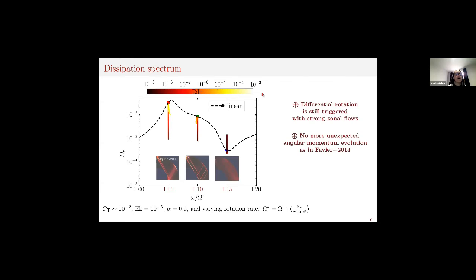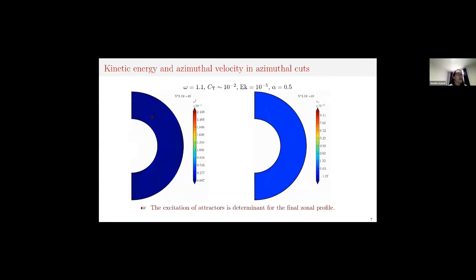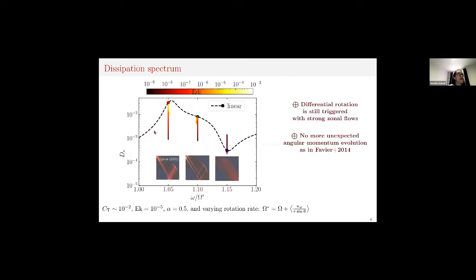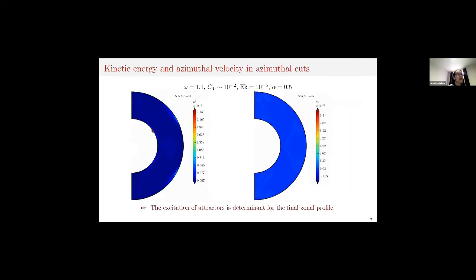To illustrate how these zonal flows are going to develop inside the shell, I put some movies. So the kinetic energy on the left and the azimuthal velocity on the right. Then I start again. The shear layer is going to emerge from the critical latitude, as I told you, Jiang. And then there is some deposition of energy here near the rotation axis.